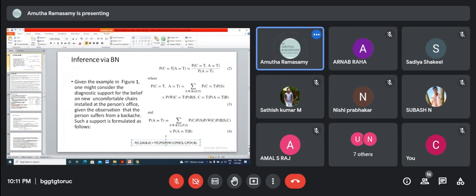Given in figure 1, one might consider the diagnostic support for the belief of a new uncomfortable chair installed at the person's office, given the observation that the person suffered from backache. This is the explanation, whatever I was talking about here. This was given in the paper, that's what I put.